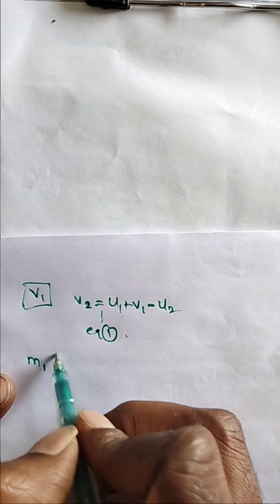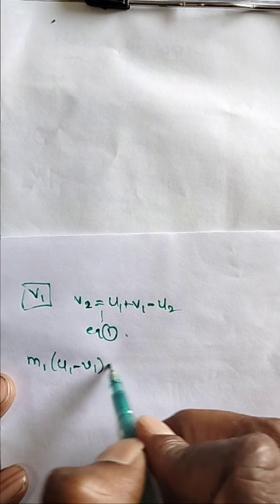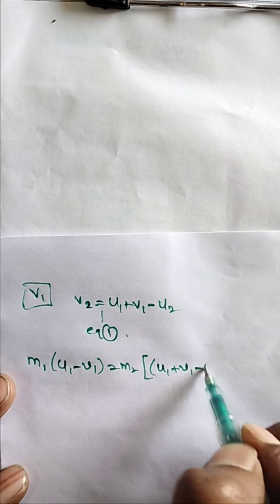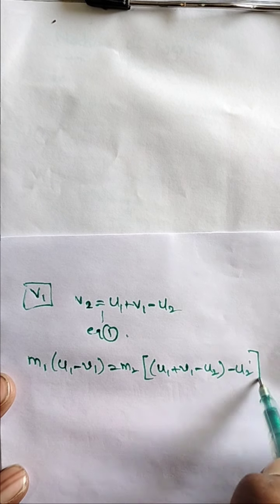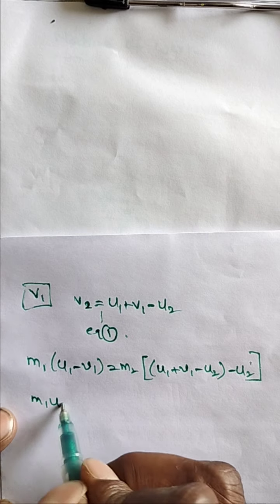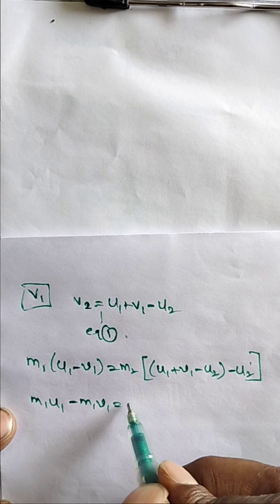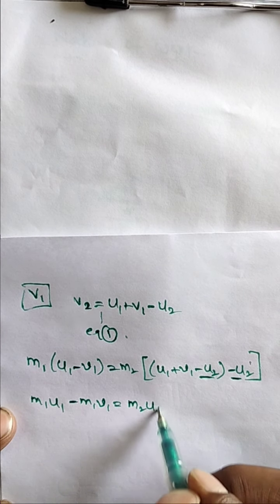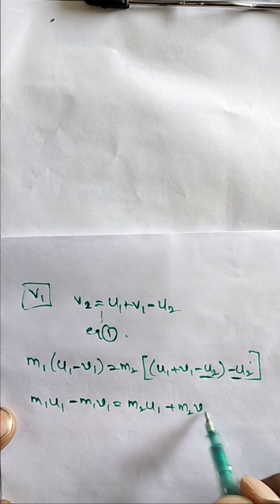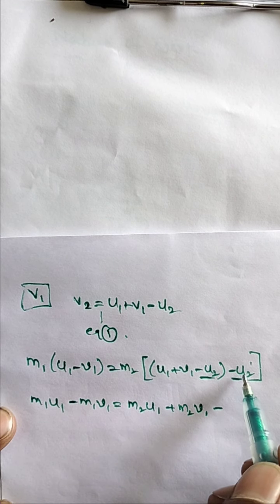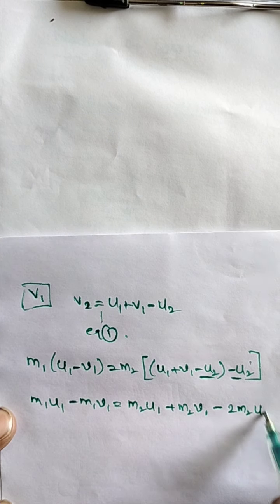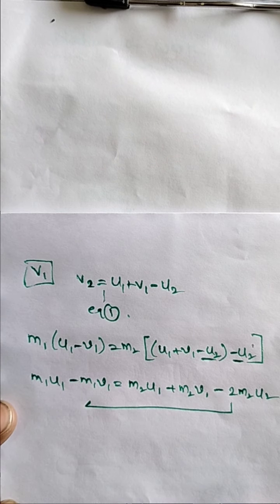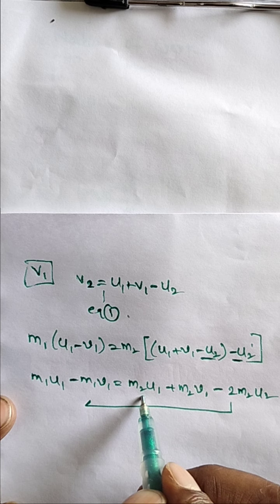So that is m1 (u1 minus v1) is equal to m2, substituting the v2 value, (u1 plus v1 minus u2). Okay, same thing here, m1u1 minus m1v1. So just multiply here: m2u1 plus m2v1 minus m2u2. So this 2m2u2 is going to here, and this m2u1 also going to here.